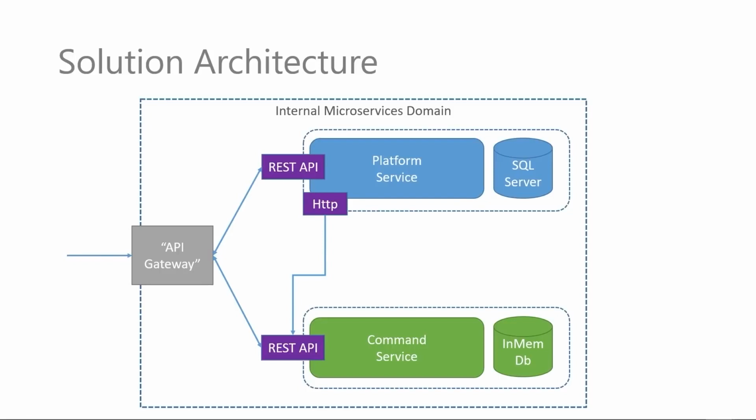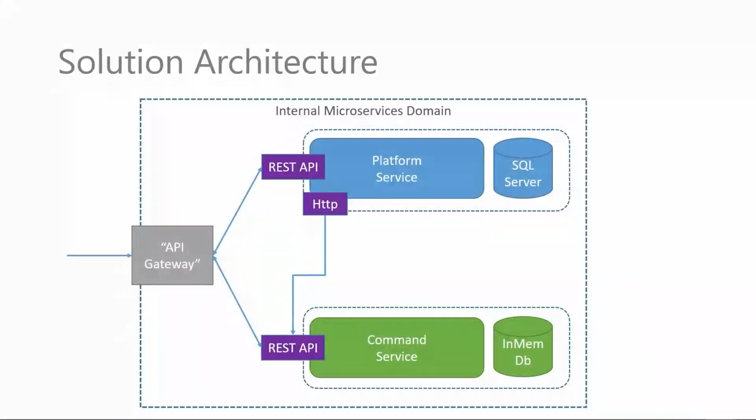So one option would be to create another action result in our command service that would allow us to create platforms using HTTP. That is a totally possible solution. And in fact, what we've already done by posting a test message is basically exactly that mechanism. We just haven't gone that one step further and added a platform to our internal database in our command service, but we could do that.